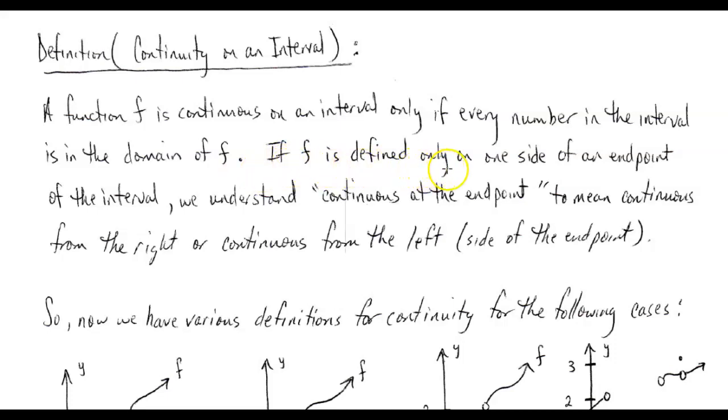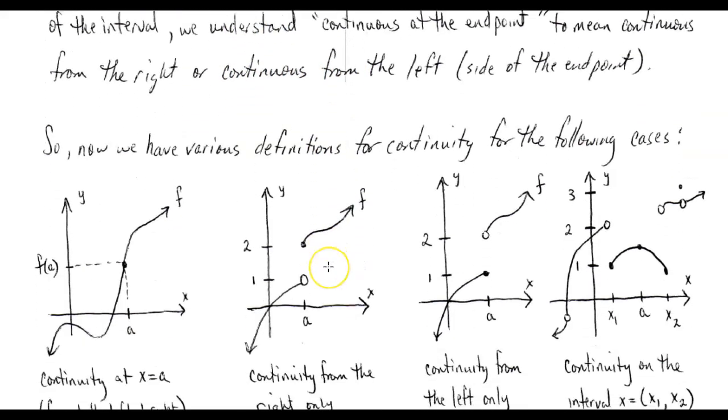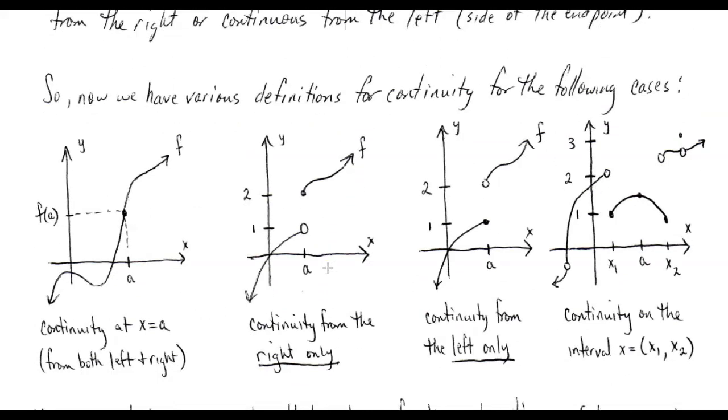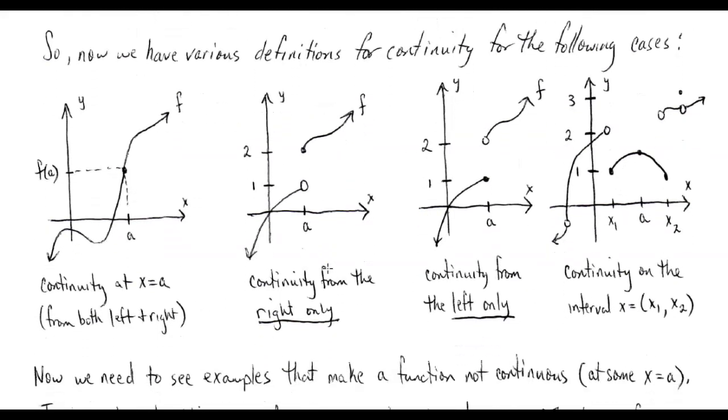If f is defined only on one side of an endpoint of the interval, we understand continuous at the endpoint to mean continuous from the right or continuous from the left, depending upon if it's the function's right side or the left side. Okay.